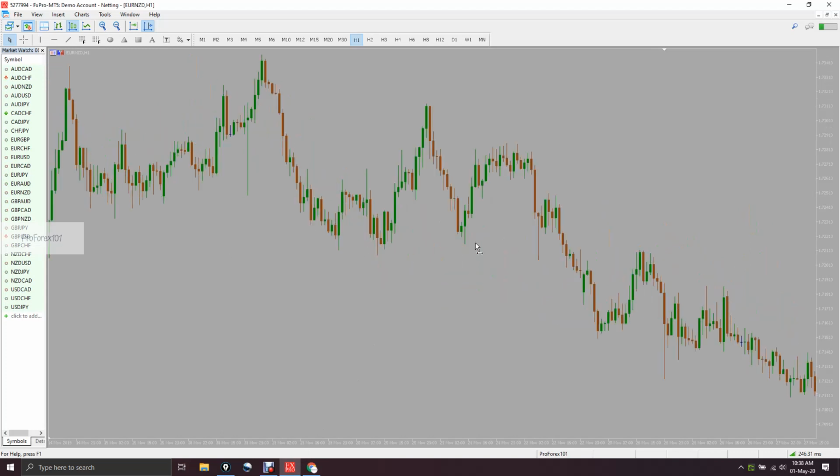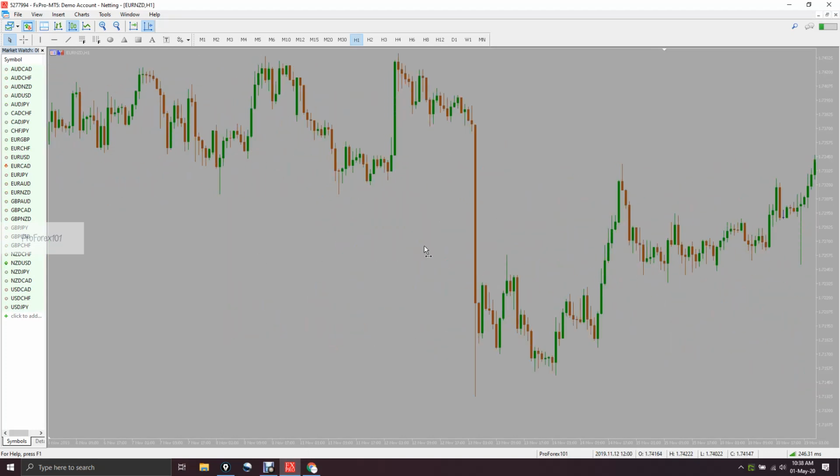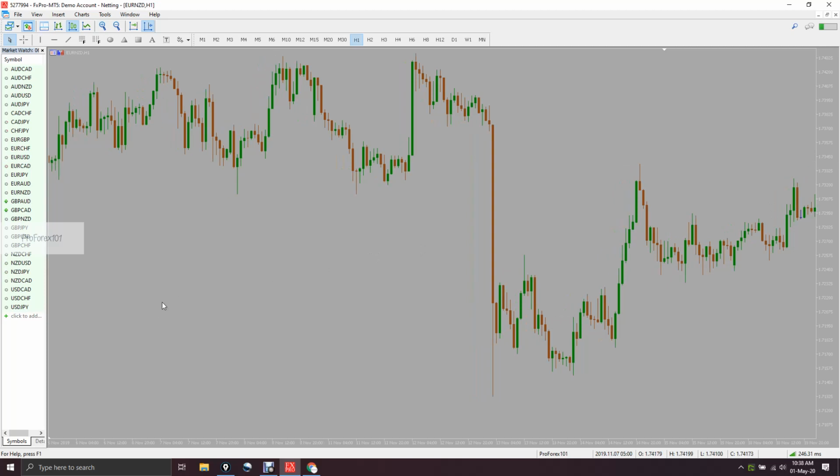So alright, guys, let's have a look at how these supply and demand zones look on the charts. Let me draw you actually before that what we're looking for. Okay, let me get rid of that, guys.